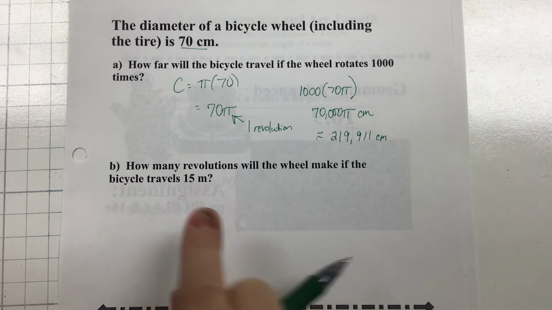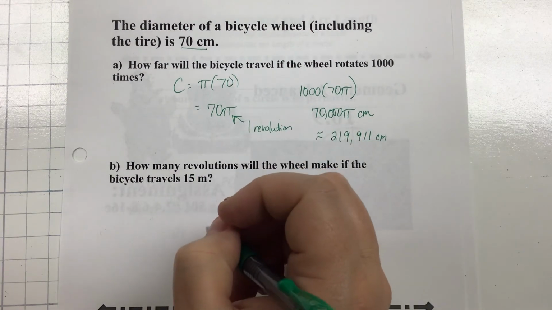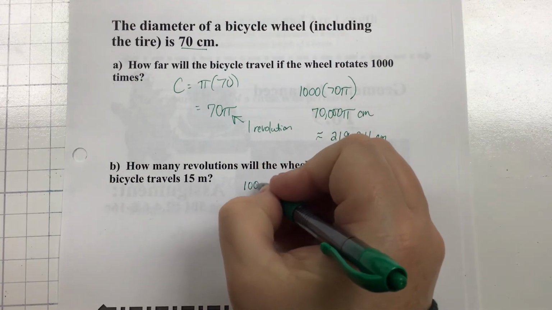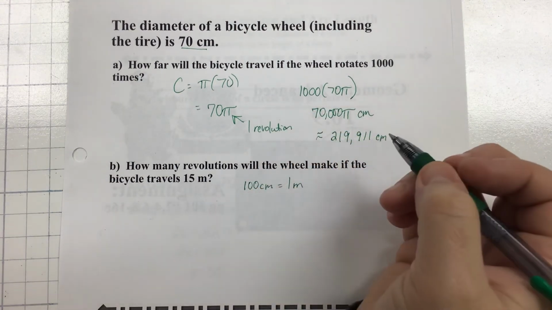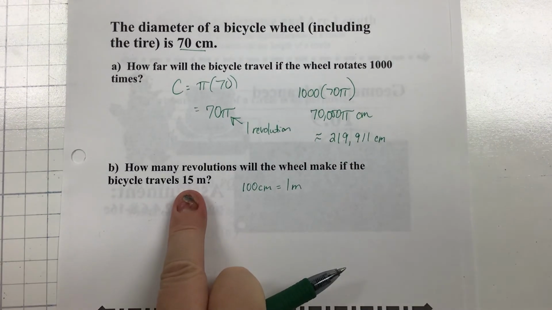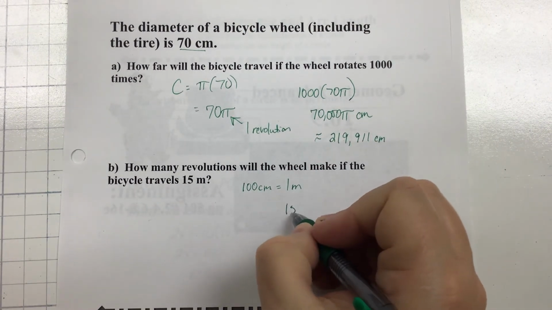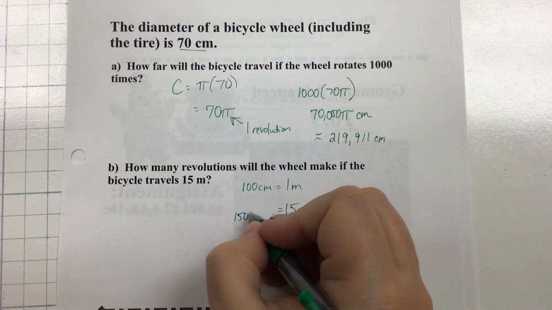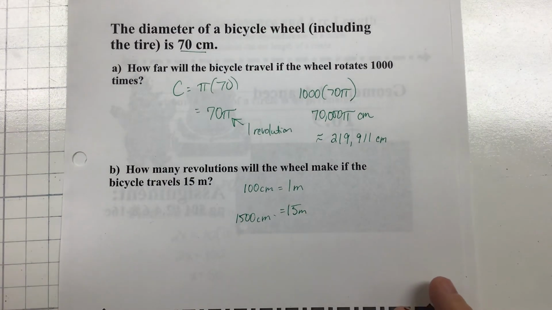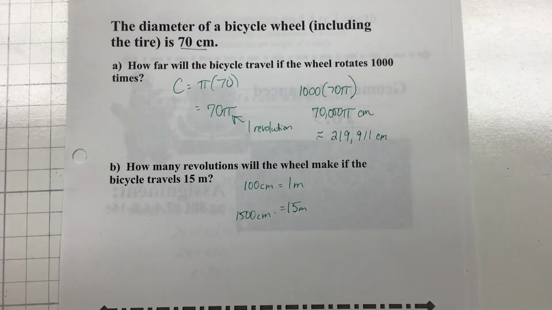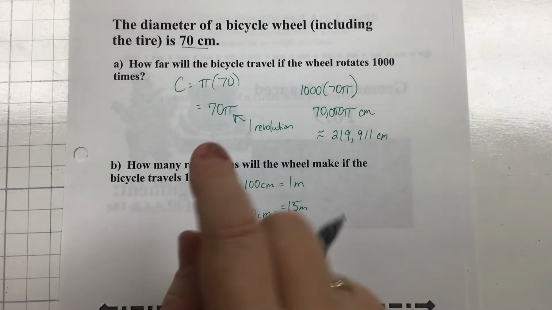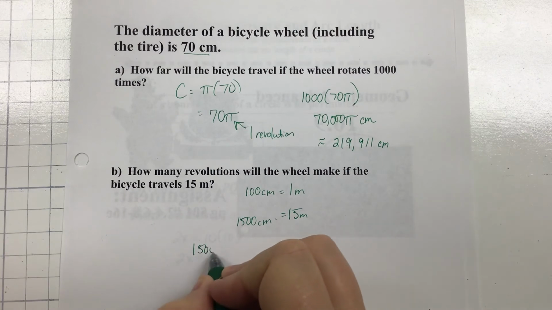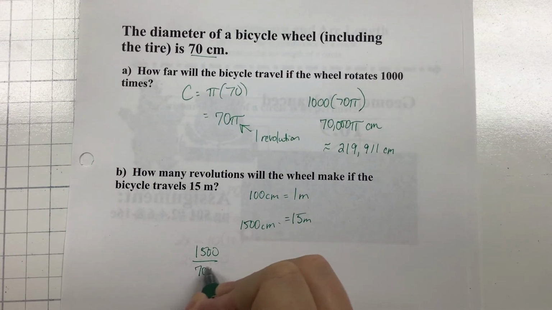Part B, it says, how many revolutions will the wheel make if the bicycle travels 15 meters? Okay, so let's make a conversion. Hopefully everybody remembers how many centimeters are in a meter. There are 100 centimeters in 1 meter. So if I'm talking about traveling 15 meters, 15 meters is equivalent to 1,500 centimeters. Okay, so if 1 revolution is 70 pi, I'm going to take 1,500 and divide it by 70 pi.